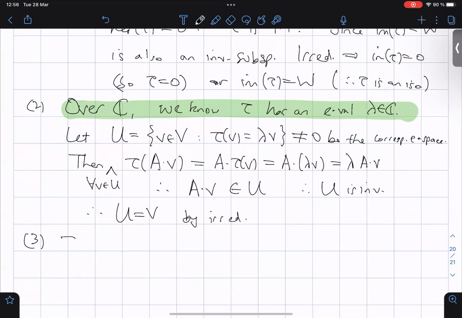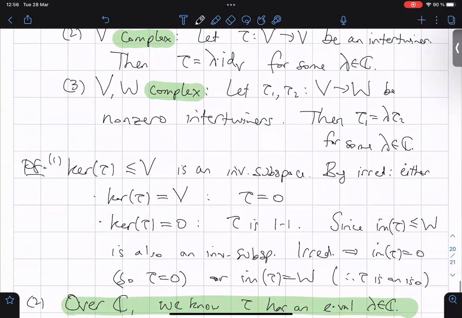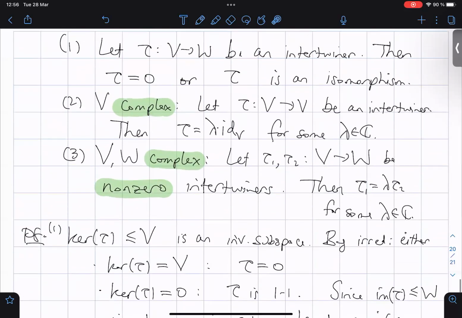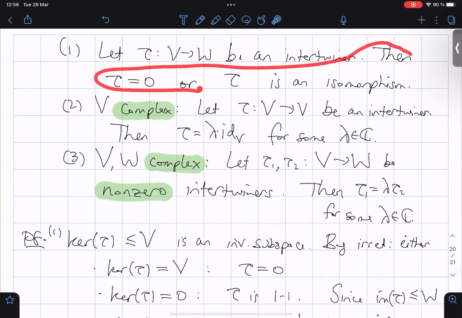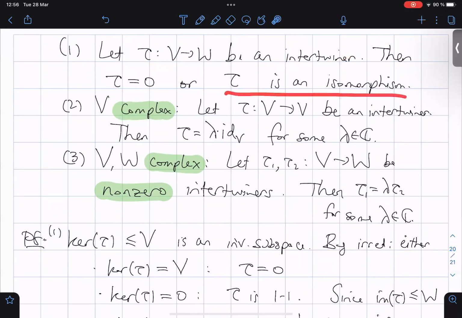Okay, so let's look at the statement again. V and W are complex. You have tau1, tau2, non-zero intertwiners. So by the first result over here, either tau is 0 or tau is an isomorphism.